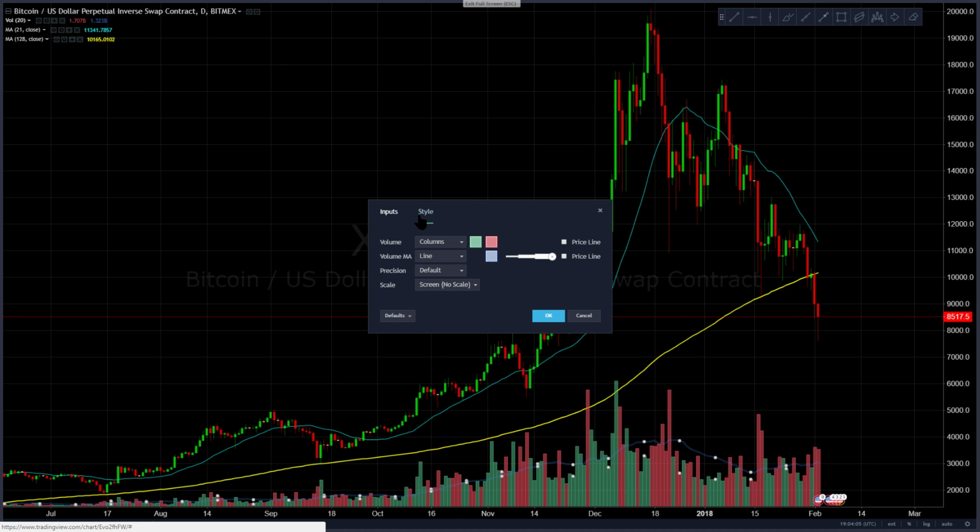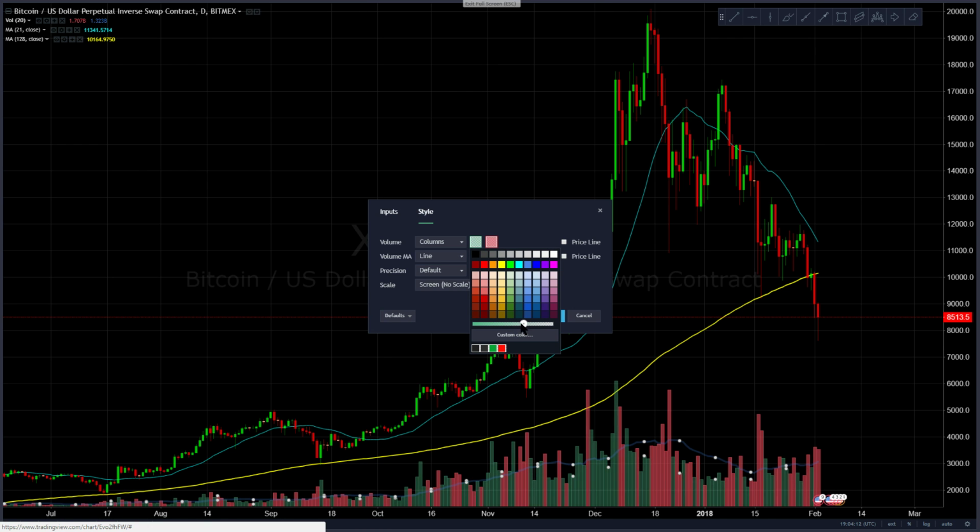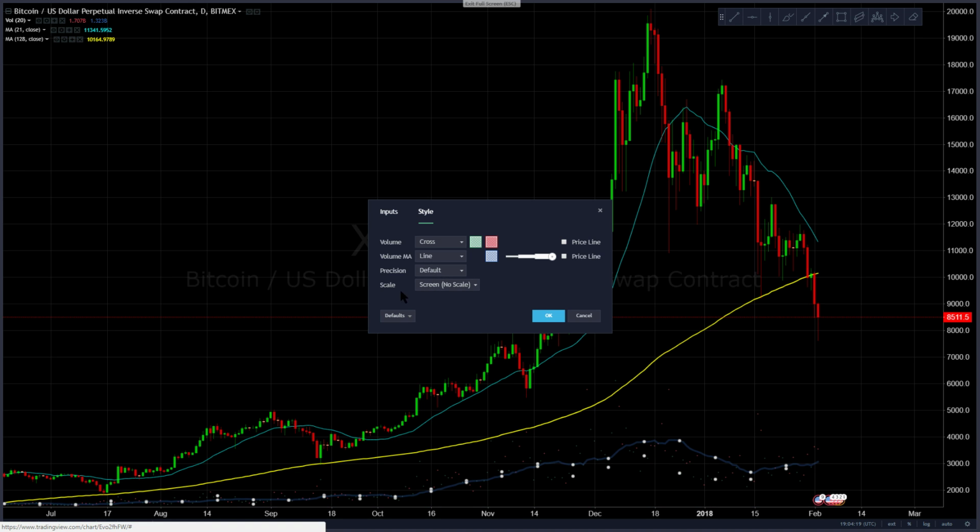A lot of people use these columns. Probably gonna help out a lot if you want to analyze volume. I like to use the circles or crosses.